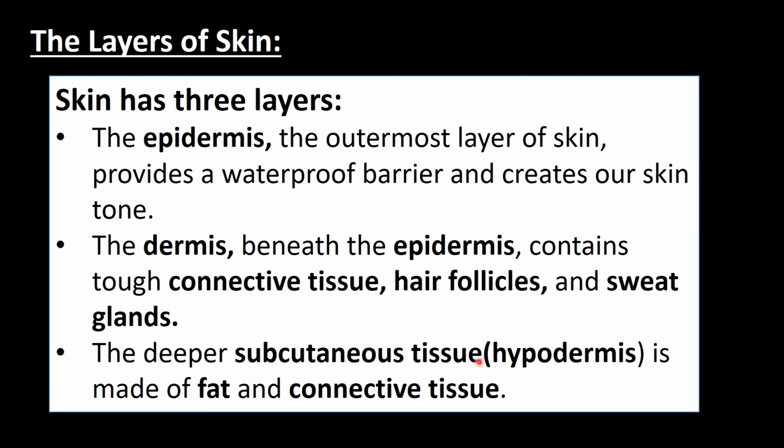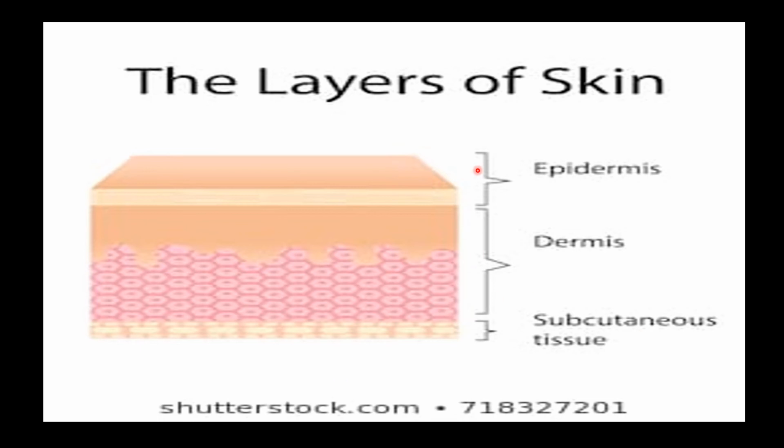And what about the hypodermis? It is the part which helps in insulation, which insulates your body against coldness and hotness. These are the layers of the skin. The upper layer is the epidermis, then this layer is called the dermis, and the lower layer is the subcutaneous or the hypodermis.